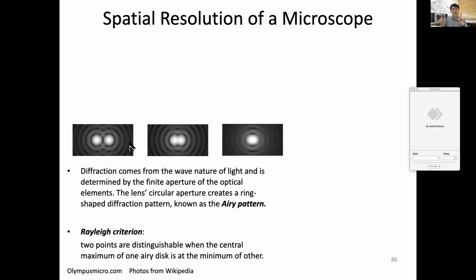So we define the minimum distance of two point objects which can be perceived as resolvable as the resolution. This is only one kind of proposal, and resolution can be defined in other ways, but I'm telling you the most widely accepted one.